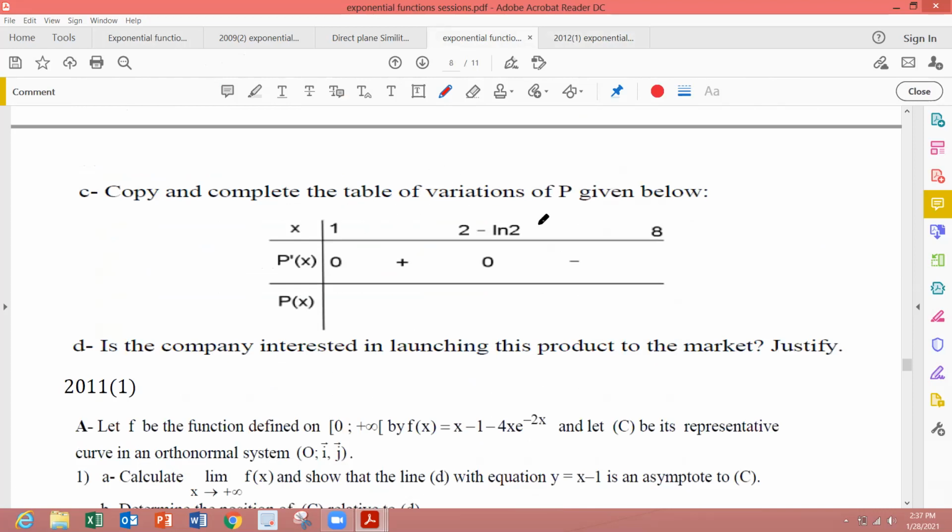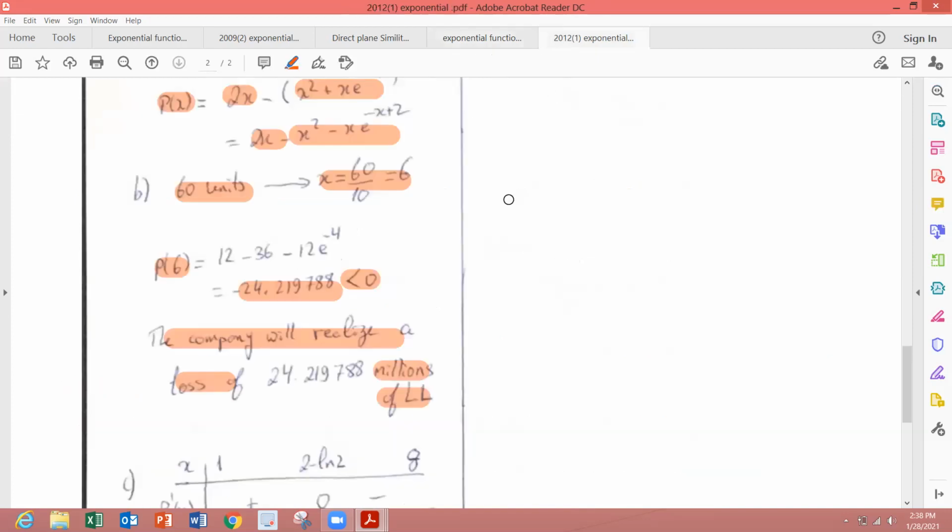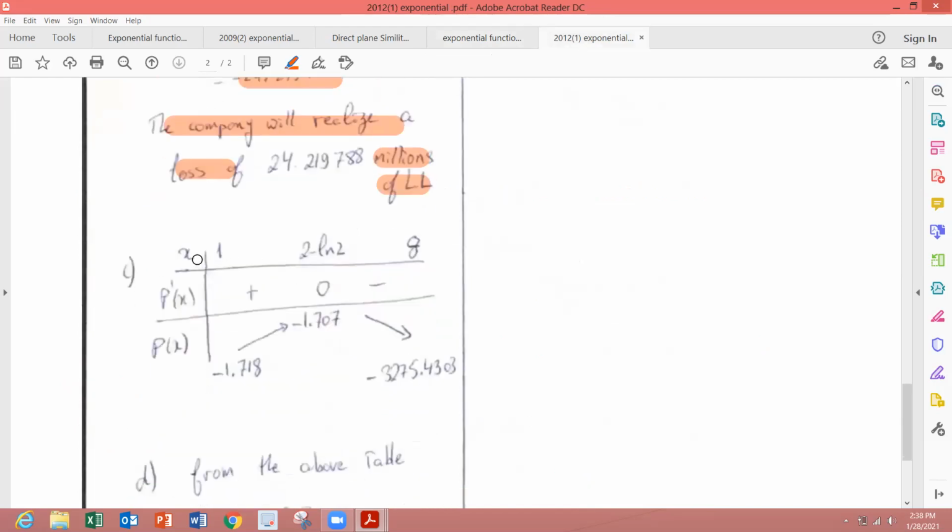Complete the following table of variations. Here we put increase, here we put decrease, and we find P of 1, P of 2 minus ln 2, and P of 8. This is the table of variation: x, P prime of x, P of x. We have the values 1, 2 minus ln 2, and 8.